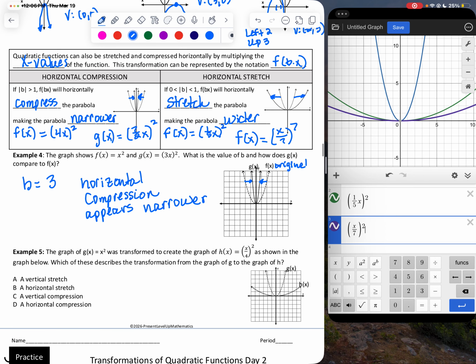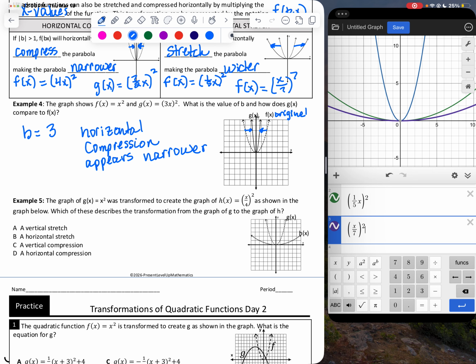All right, example 5. The graph of g of x equals x squared was transformed to create the graph of h of x equals (x over 4) squared, as shown in the graph below. Which of these describes the transformation from the graph of g to the graph of h? All right, because the x over 4 is inside the parentheses, we know it's going to be a horizontal dilation.